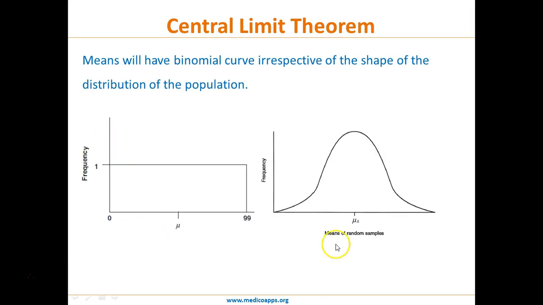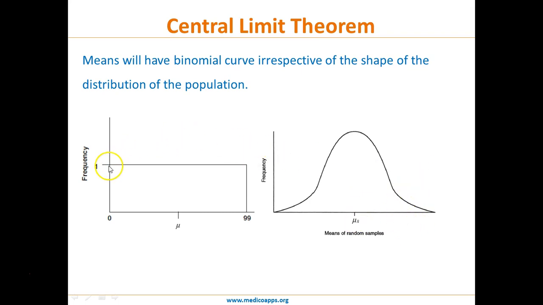Now this is what the central limit theorem says, that irrespective of the frequency curve of the original data set, if you take the mean of random samples, you are going to get a normal distribution curve. Essentially this is because, as we have learned in descriptive statistics, if we have a normal distribution curve for anything, we can use it for a lot of statistical calculations.